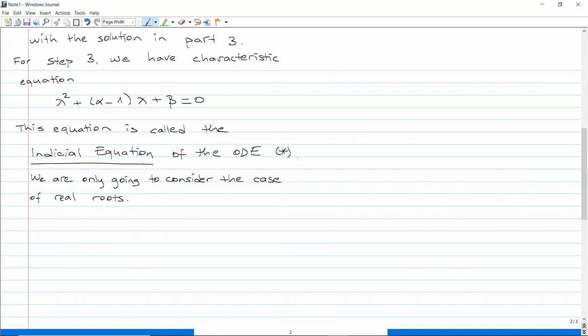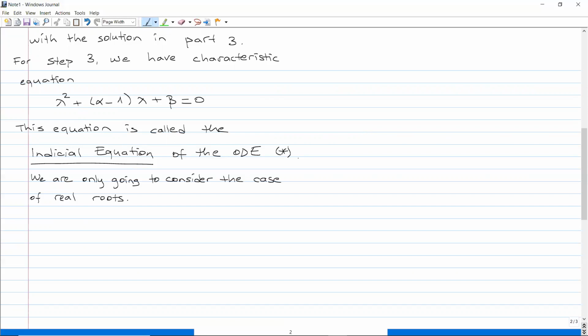Complex roots can also be taken care of. If you're interested, you can find the discussion in your book. But you see, this case of having a regular singular point is complicated enough, and the solutions of the indicial equations continue to keep complicating it.